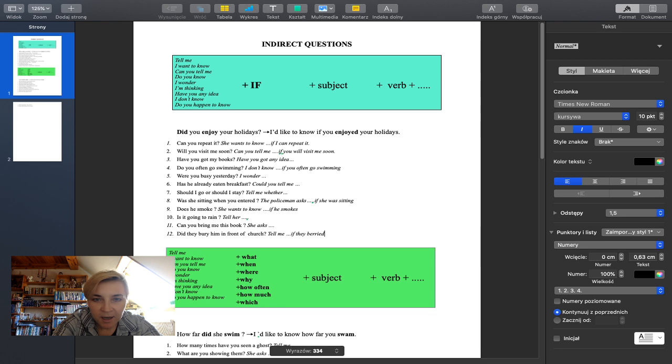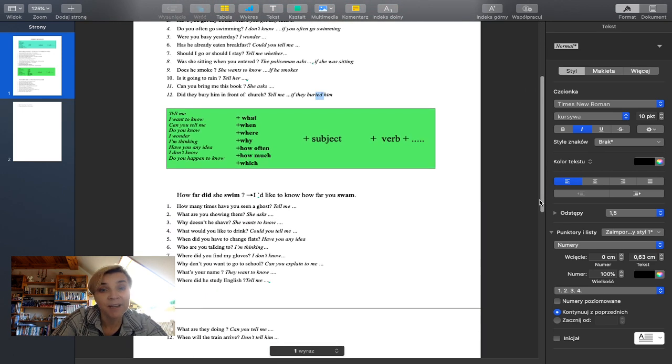If they, okay, that was my spelling mistake. If they buried him. Yeah, so again, I just wanted to emphasize the fact that we make the positive sentence without changing the tense.